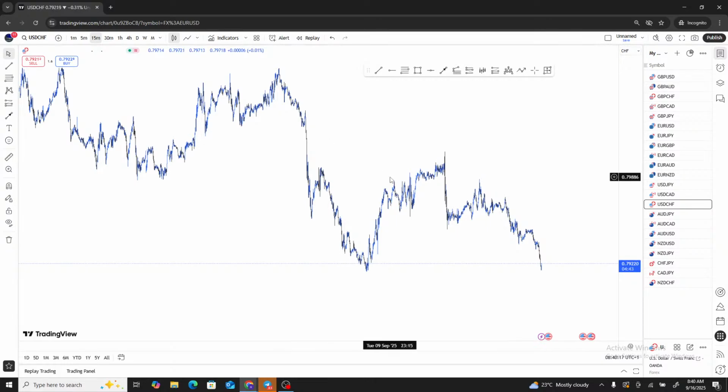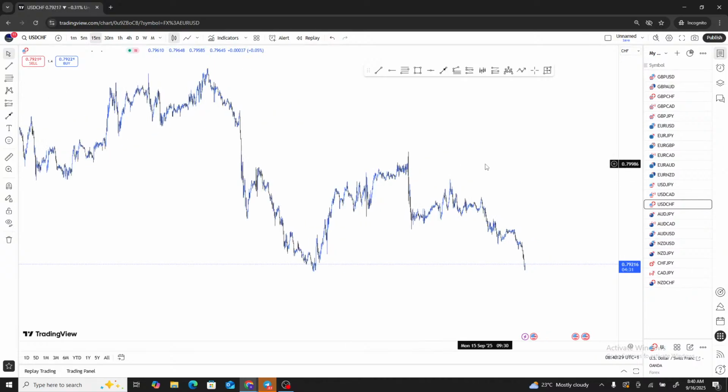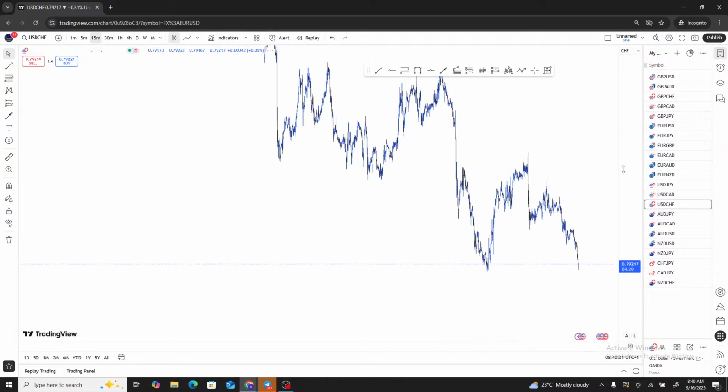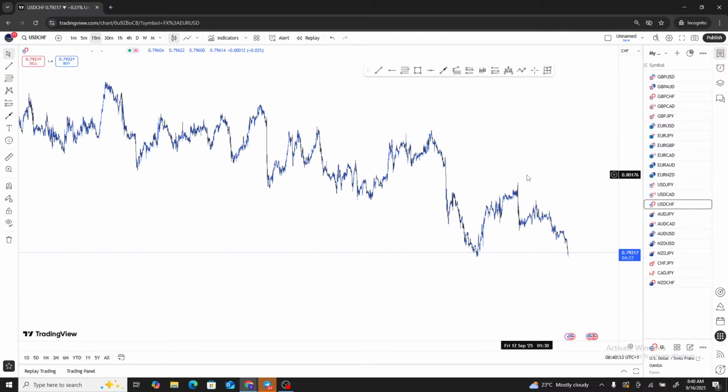It has USD as the base currency and Swiss franc as the other currency. So as we can see from the charts, the market has been on a massive downtrend.